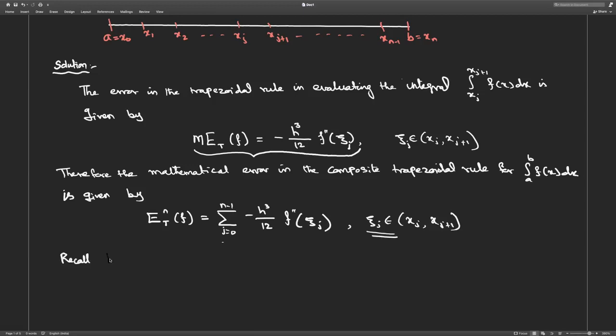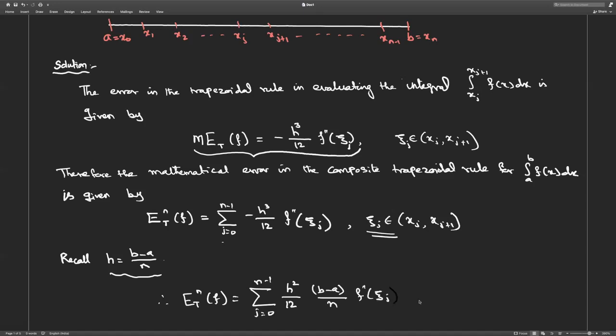Recall that we have taken h to be (b minus a) by n. We use this formula for one of the h here and write E_T^n of f is equal to sigma j equal to 0 to n minus 1 of h square by 12 into one h, which I will write as (b minus a) by n, and then f double dash of xi_j, right?